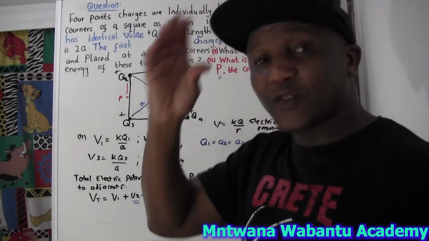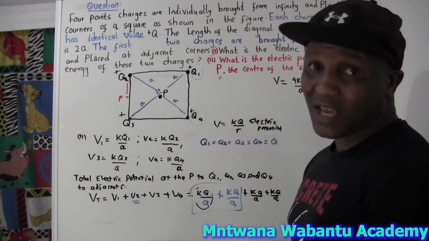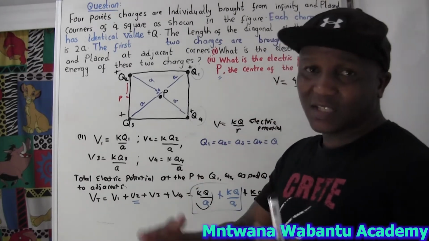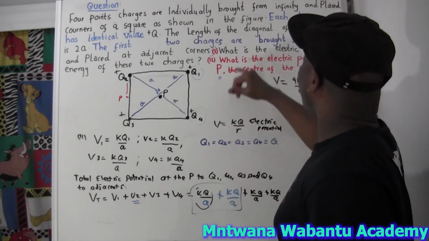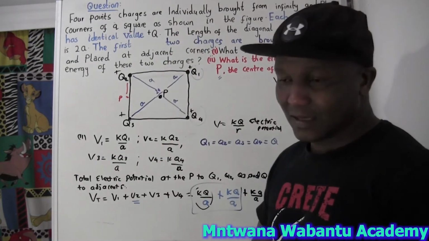Okay, now let's go for the first one. The first one is more easy. So now the first one, which is the actual question they gave to us, I think the other was like an extra question that I just put in so you can get to understand what is the electric potential energy.